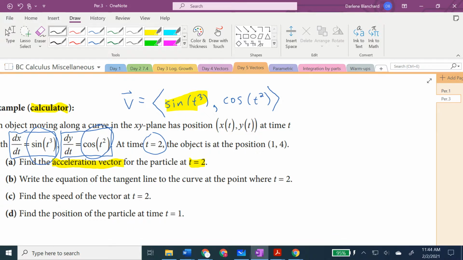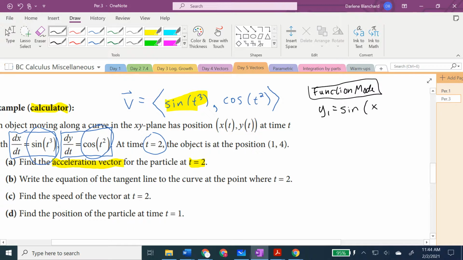What you can do is in your calculator, go back to regular function mode, and you can put this function into your y1. And by the way, there are many ways to do this with your calculator; this is just giving you a way if you don't remember how. When you plug this into your y1 in function mode, you need to use the x variable button.